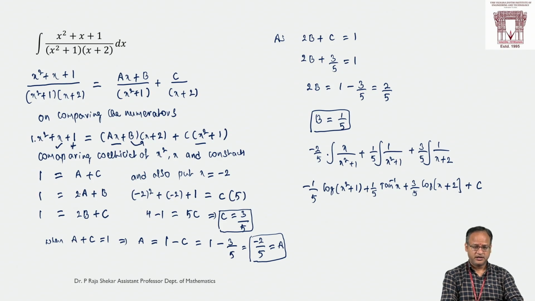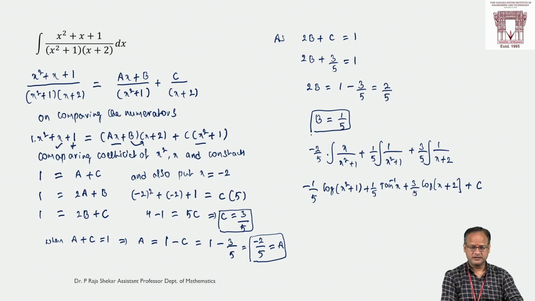Next, we compare the coefficients of x square and x, and also we compare the constant terms. By substituting x as minus 2, we got the c value first, and substituting the c value in these two, we will be getting the other two, a and b.